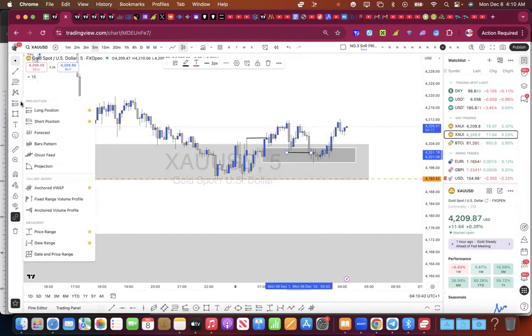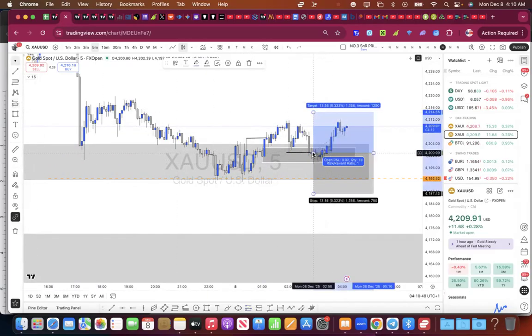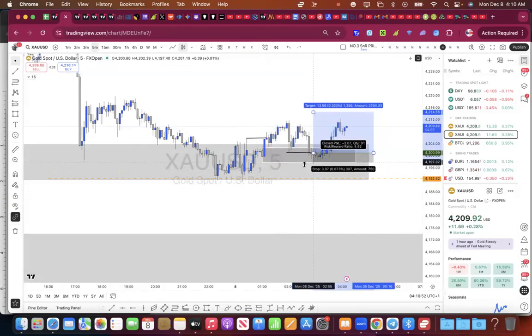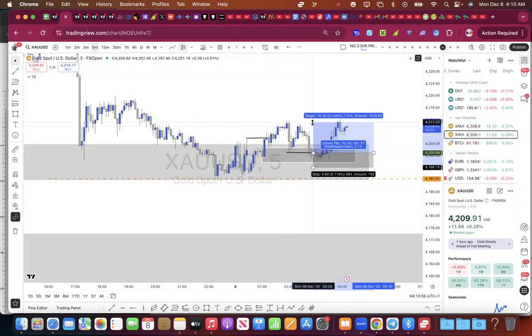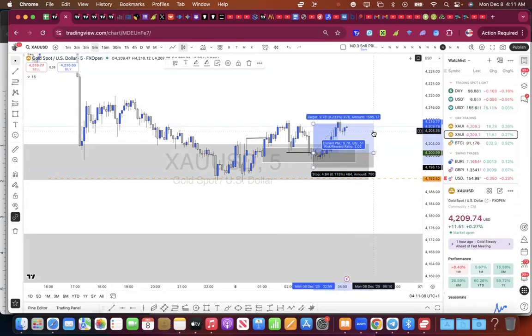So which means this entry would have been here, although if you go to the psychological level, you see it properly. And then you're looking at the low below the week. And so 1:2, targeting this high. So it was as appropriate as possible. And that would have been how much? Losing 48 pips to make 97 pips. You can see how small it looks.